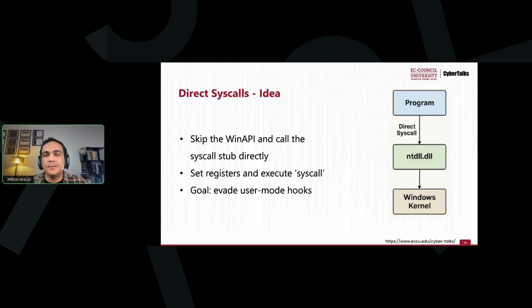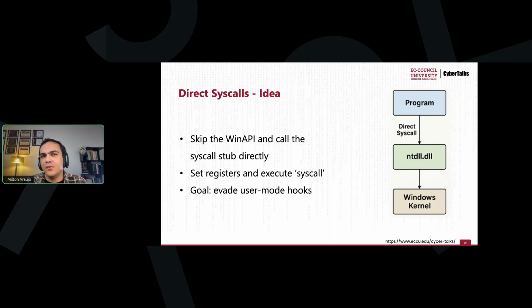Basically, these steps you can understand better after that. Here we skip the WinAPI and call the syscall stub directly, set the registers ourselves, and execute syscall. The goal is to evade user mode hooks that live in those high-level libraries.